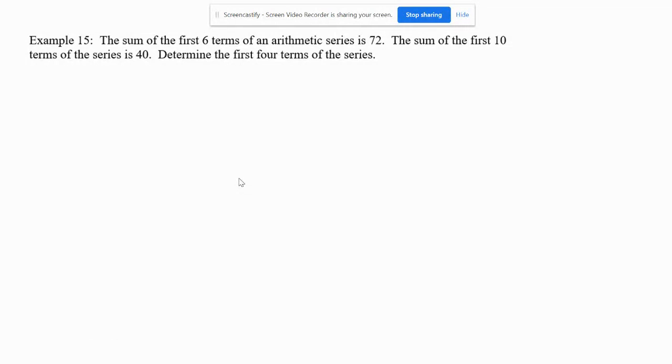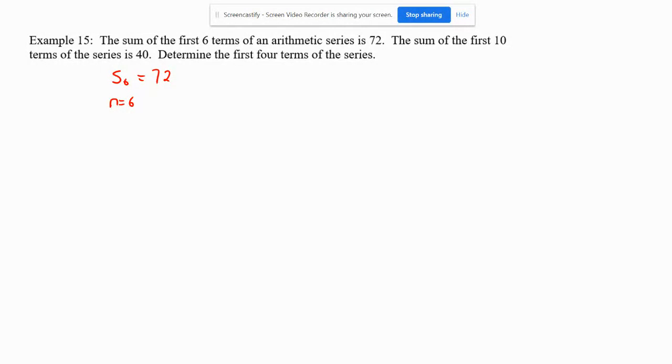Okay, very similar type of question over here, guys. Just the numbers are a bit different, so giving us a bit more practice with this one. I'm just going to do this one a bit faster. Sum of the first 6 terms, that means S6 equals 72. We know that n equals 6.